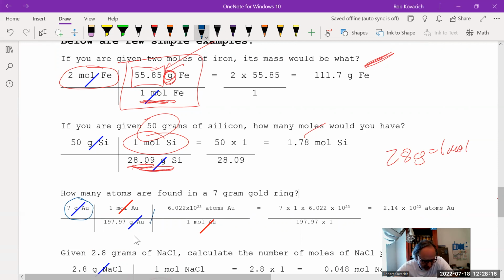Well, again, we use this ratio of grams to moles and then go from moles into atoms. We just counted the number of atoms in that gold ring without actually counting them. So it is totally possible to count something without actually counting them if you know what the mass of one of them is, and then you divide through by that number.